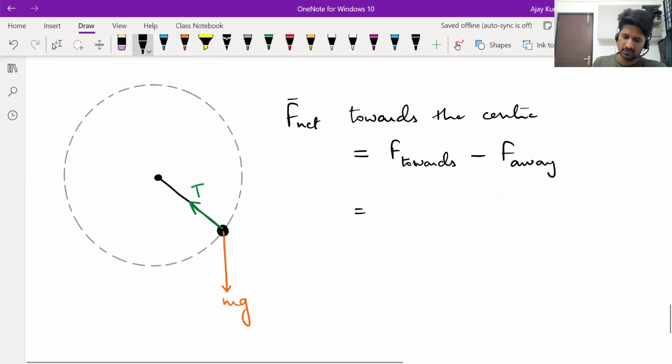Assume the string at this moment makes an angle theta with the vertical. Tell me, what force is acting towards the center of the circle? On the object or on the particle, what force is acting towards the center?